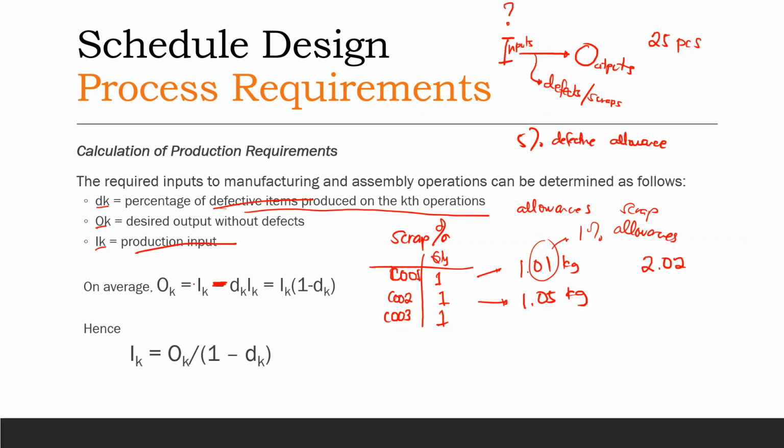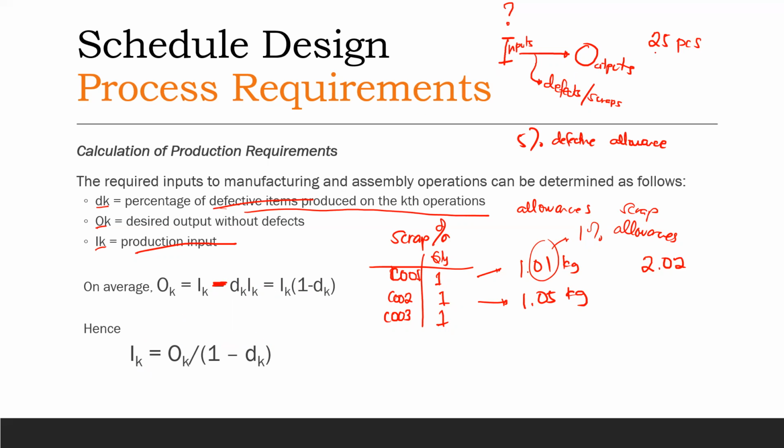Okay, O sub K is equal to I sub K minus D sub K times input, times the defect rate. Or pwede nating mailagay ay 1 minus defective rate times the input. Or pwede rin nating baliktarin if let's say we're talking of the input rate. So output rate is 1 minus D sub K.